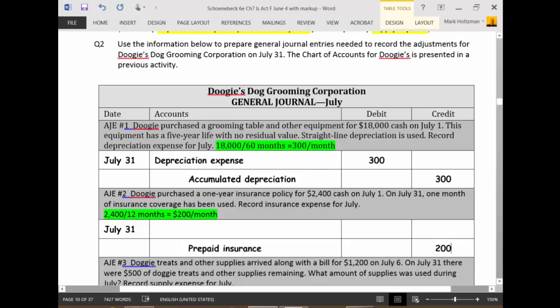Now, what's the other account that's involved here? Insurance expense. And that's going to be debited for $200.